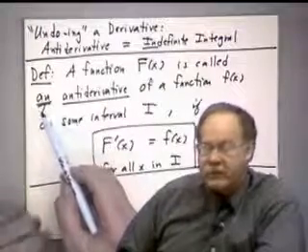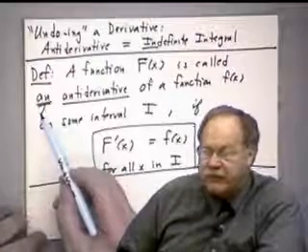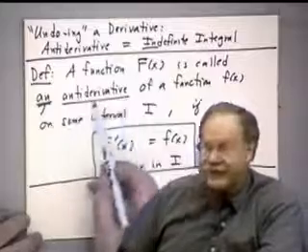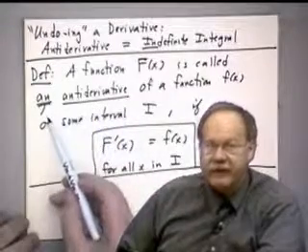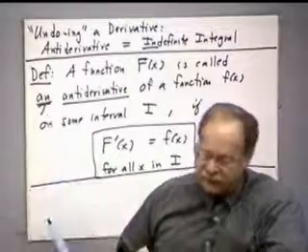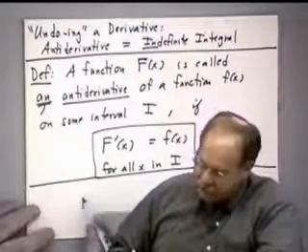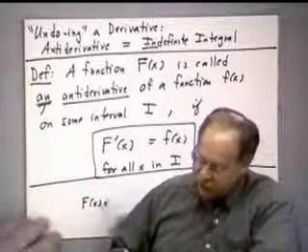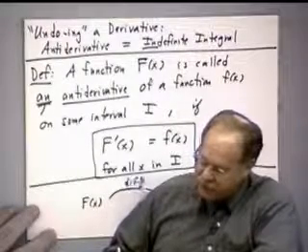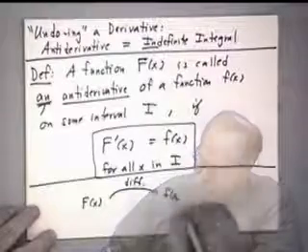Now this is different from when we took derivatives. When we found the derivative of a function, there was only one derivative. Here, when we find the antiderivative, we'll find out there are more than one. In fact, there are an infinite number of antiderivatives. So here's a visualization of what we just discussed. Here's your function big F of x, and by the process of differentiation, taking a derivative, we get little f of x.